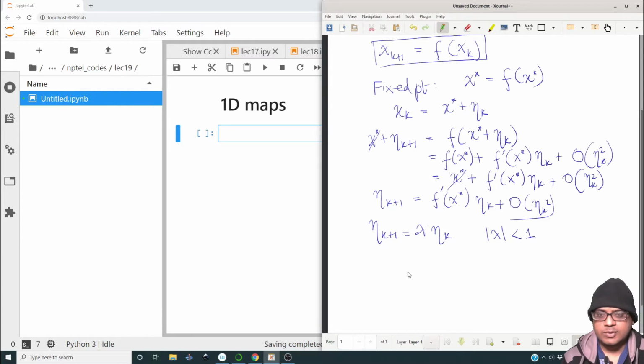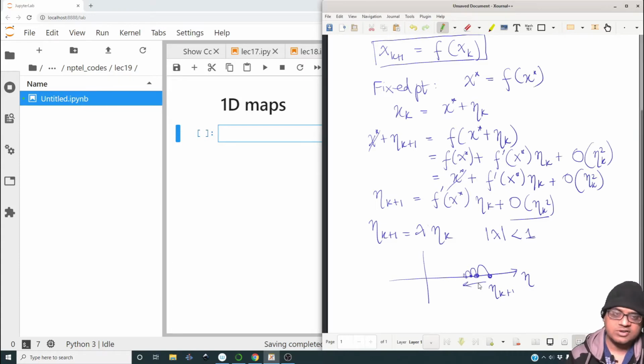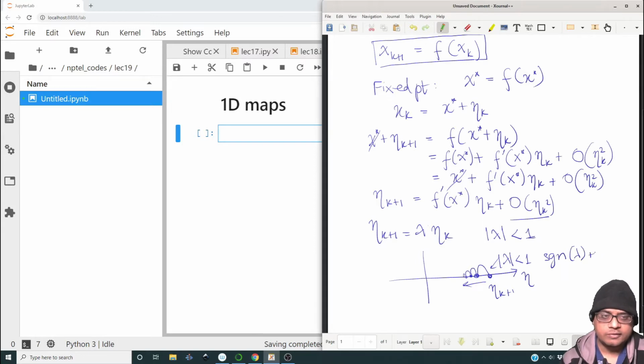Imagine this is the eta k space and this is eta k plus 1. If the magnitude is less than 1, then it will map onto something like this, then onto something like this, then this and this. So each time you are converging towards something. This is the case where the magnitude of lambda is less than 1 and the sign of lambda is positive.